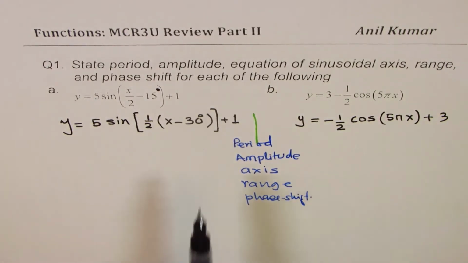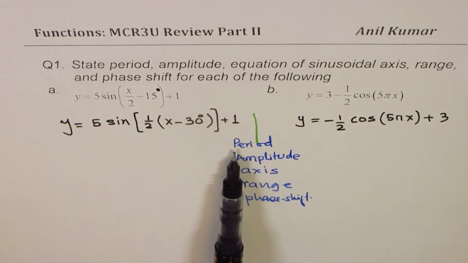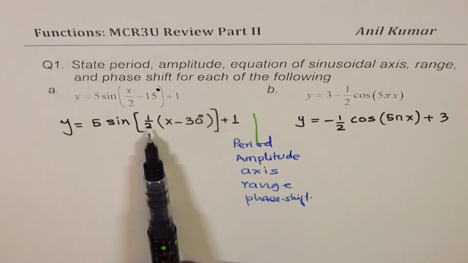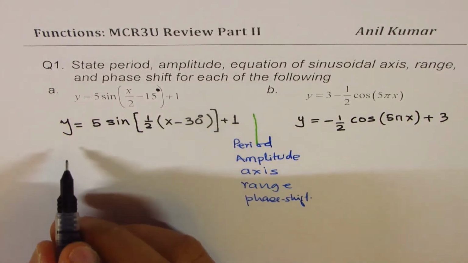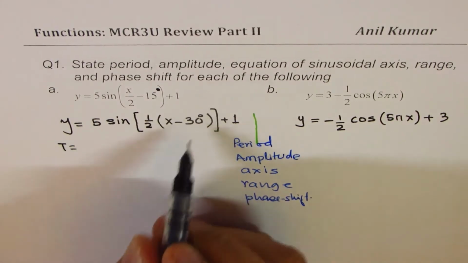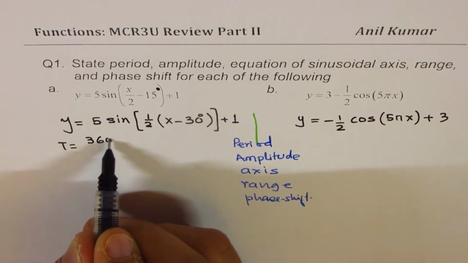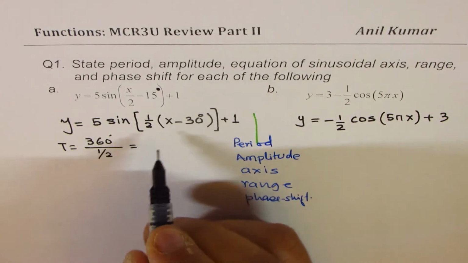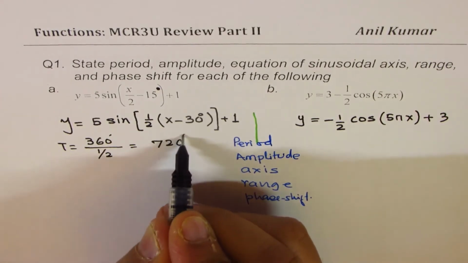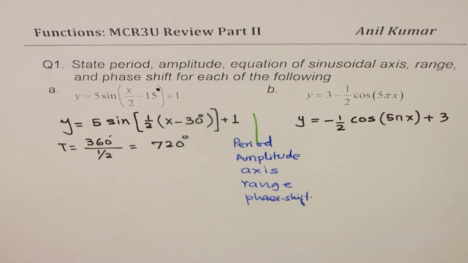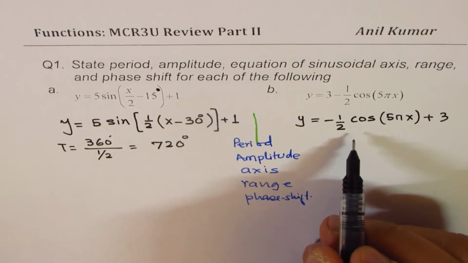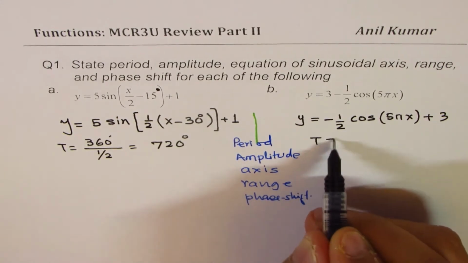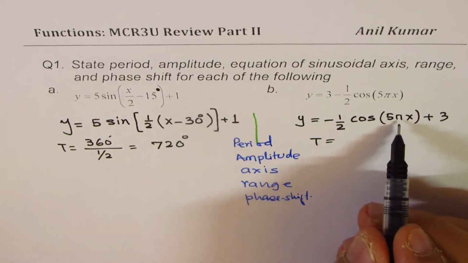Correct? So if you look at it, you need to calculate the period. This is the k value, half. So the period T is equal to 360 degrees divided by k, which is half, right? So that gives you 720 degrees. So that is the period. Now similarly on the right side, the period T will be equal to, now this is given in radians, 5 pi, correct?